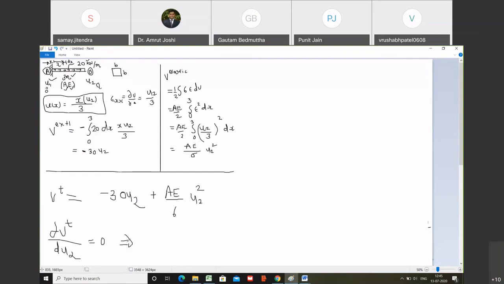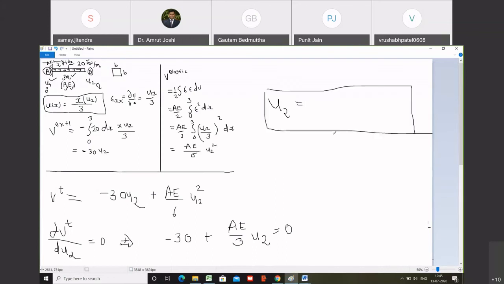That gives me minus 30 plus AE by 3 u2 should be equal to 0. Is it understandable? So tell me how much is u2? 90 by AE.